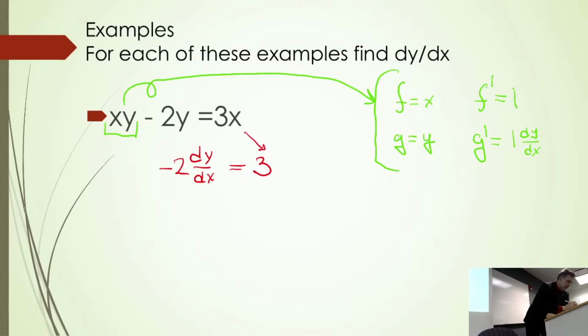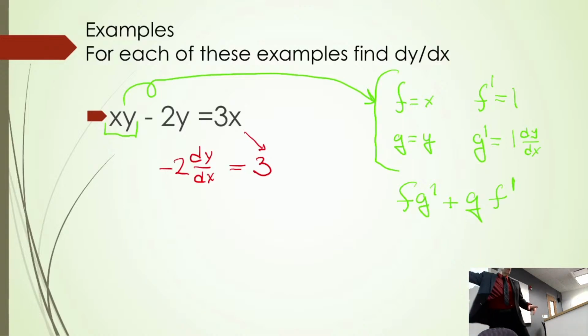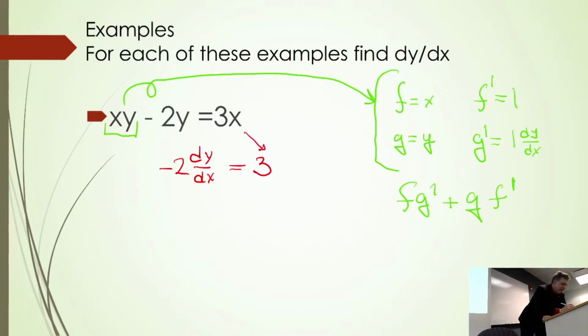Okay, so let's put this all together. f times g prime plus g times f prime, or whatever arrangement you want for this product rule. I'm going to write it over here, and then I'll copy it in red, so it'll be easier to see. So we've got f times g prime.